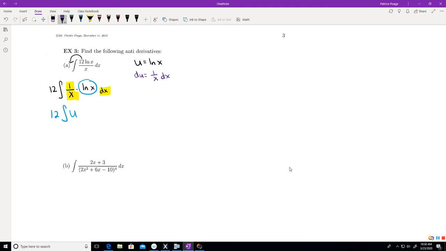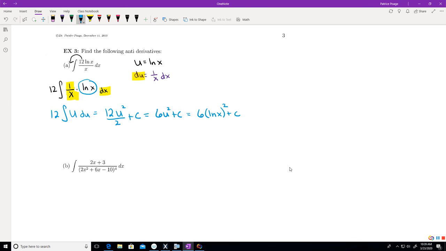I need to replace 1 over x dx, so it's an exact match without having to do anything. So I'll replace it with du. So integrating, I'll have 12u to the 2 divided by 2 plus c. So I have 6u squared plus c, and all I have left to do is put the u back in.